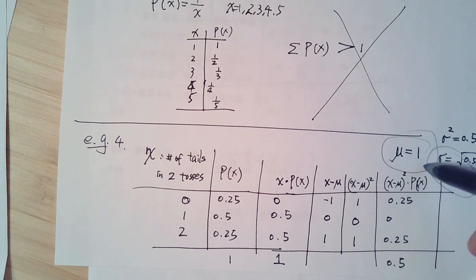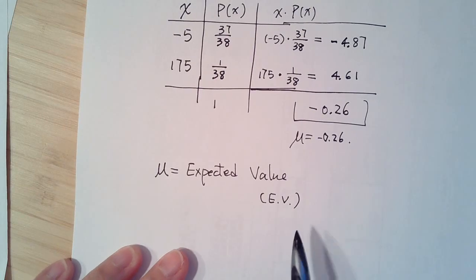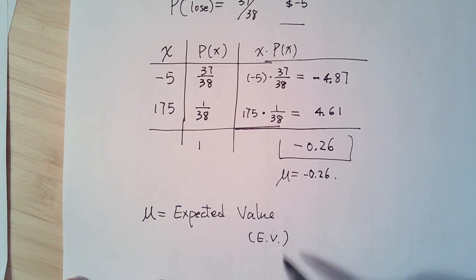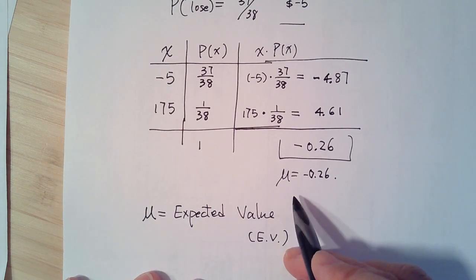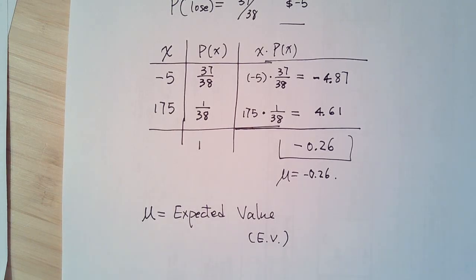Now this one means, if you bet $5 on this roulette, on this number 7, and do this many times, in the long run, your average loss for each game is 26 cents. That's what it says. So that's very interesting, right?